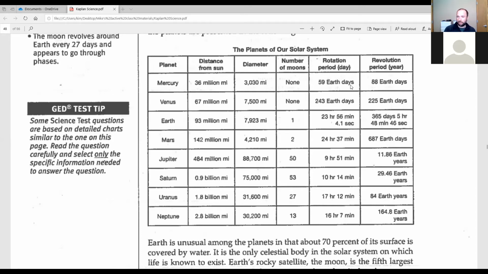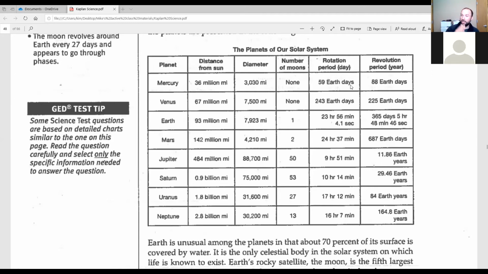So one chunk of what we consider a day would be 59 of our days on Mercury. That means, I'm approximating, it'd be light for 30 days straight, and then it'd be dark for 30 days straight, and that's what it would feel like.